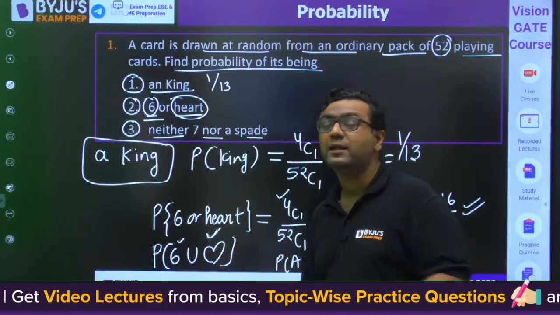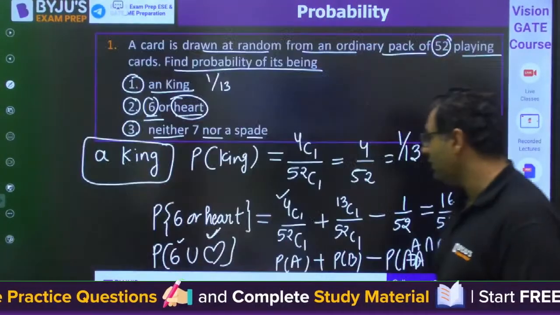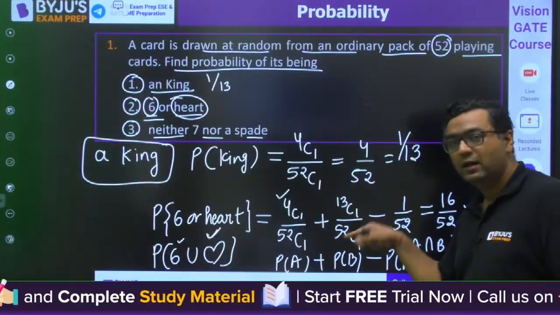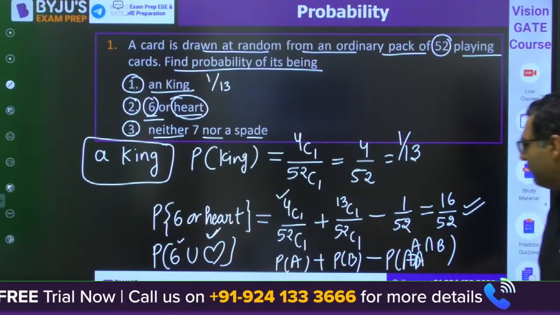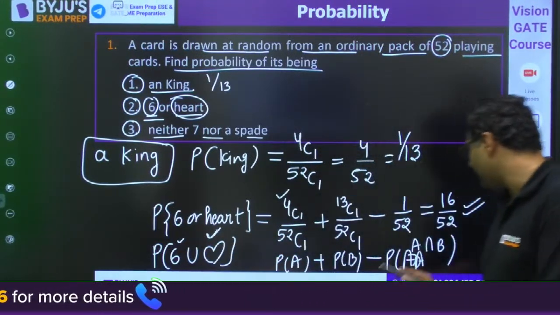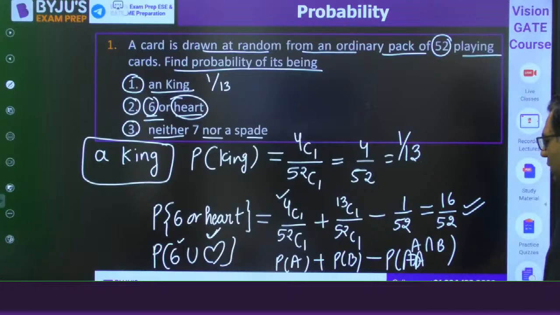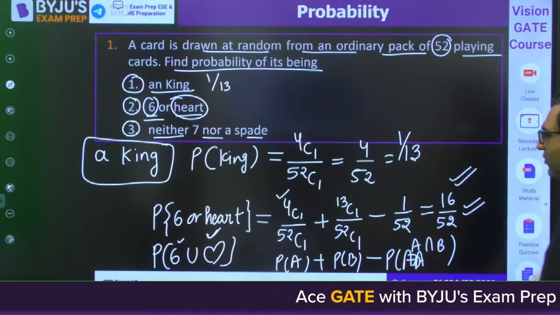Okay, how many hearts are there? You can see there are a total of 13 hearts. So for 13 hearts I will say 13C1, any one card from those 13 out of 52. Then my dear, 6 and heart both can be only 1, so that is why we have written 1 by 52. Okay, you can also write 1C1 by 52C1. The answer will be 16 by 52.